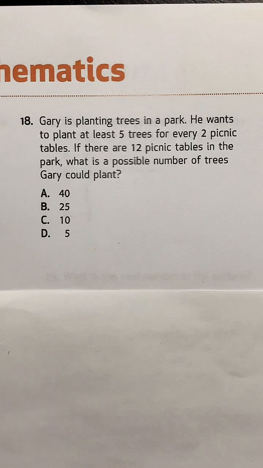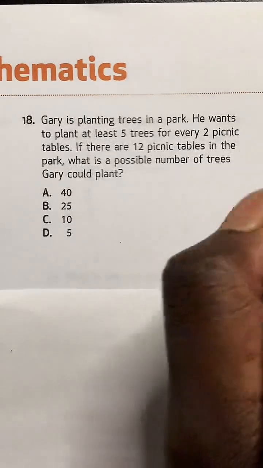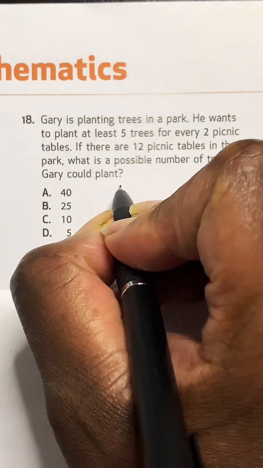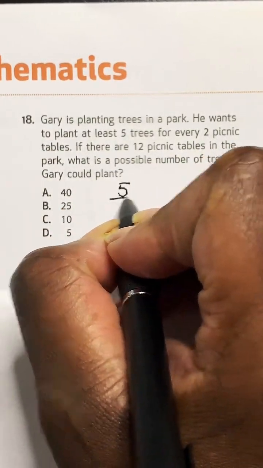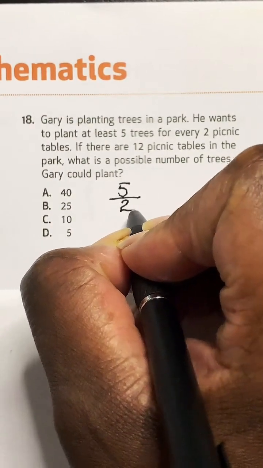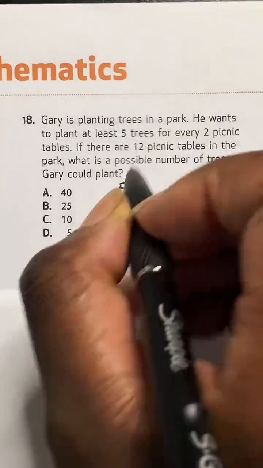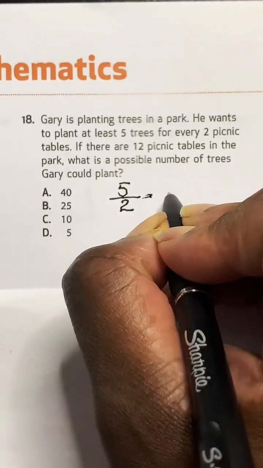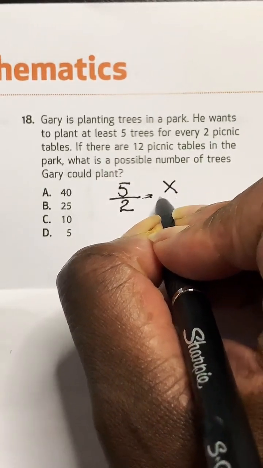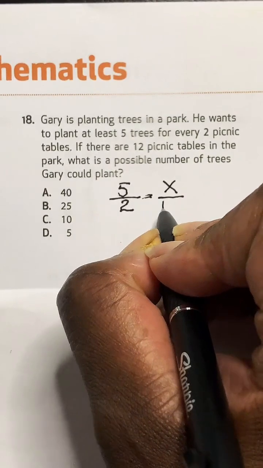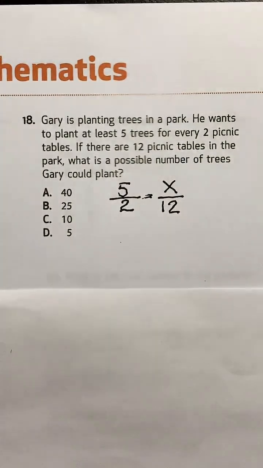Let's take a look. If we know we get 5 trees for every 2 picnic tables, I want to know how many trees for 12 picnic tables.